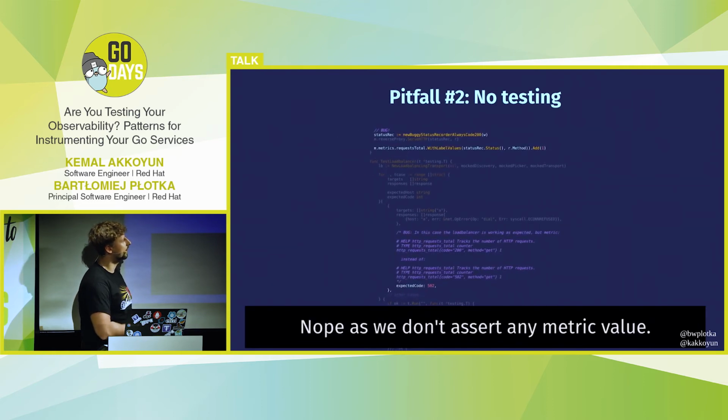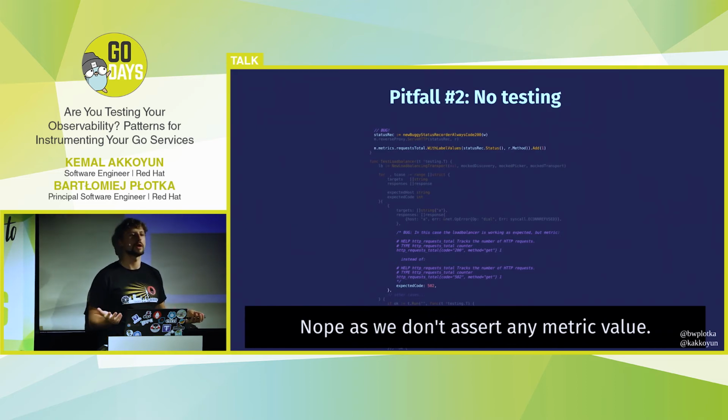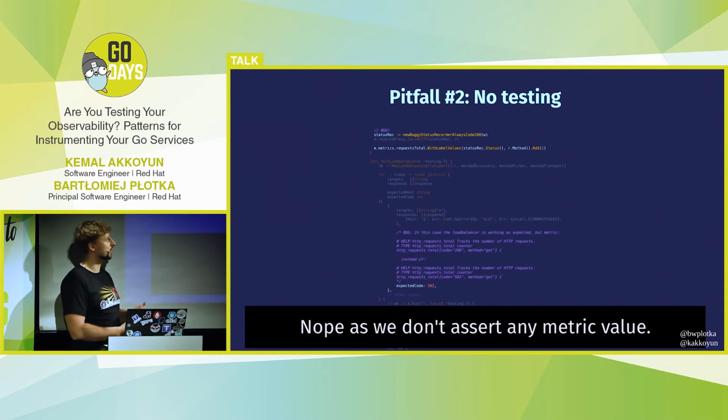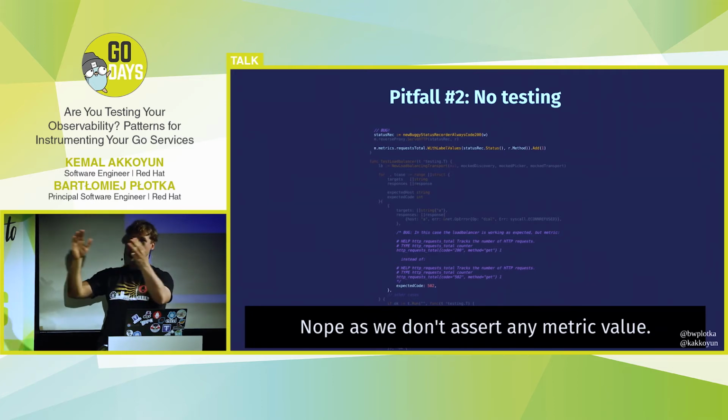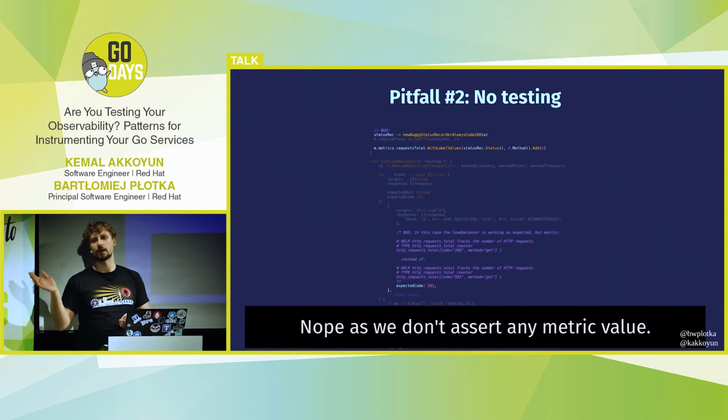Now, the question is, does it really catch our bug, right? Well, no. This is the bug. In this case, when we return 502, http_requests_total would be 200. So it means that your metric is suggesting that there was no error. This is very, very critical, because imagine that you have an alert on the number of errors, or you are looking at a beautiful graph and checking if there are any errors, right?